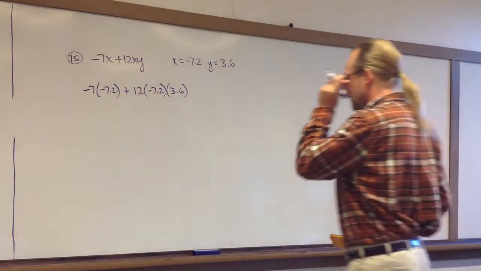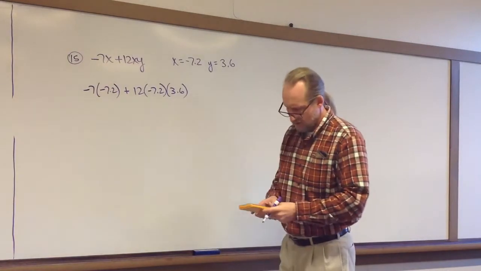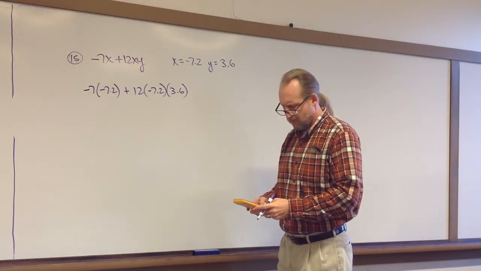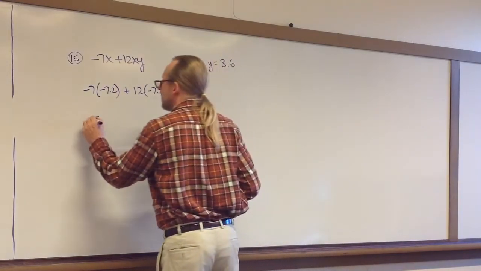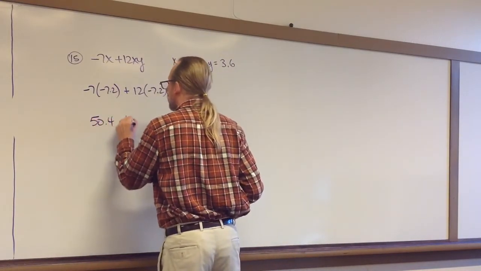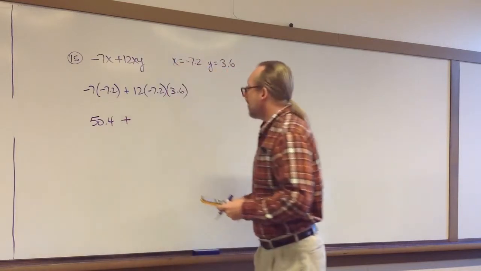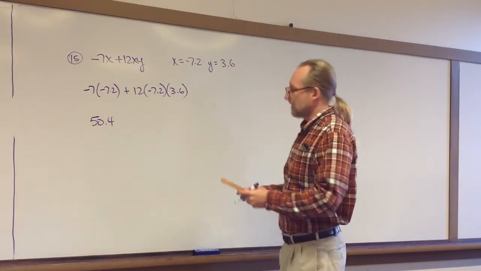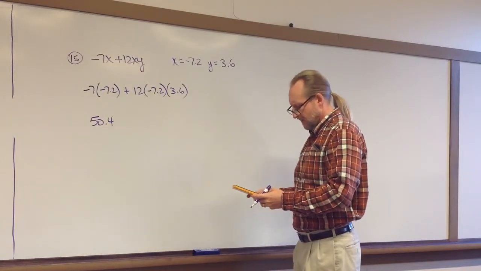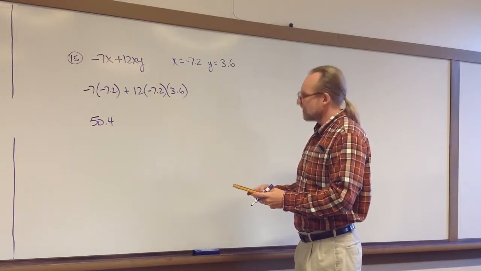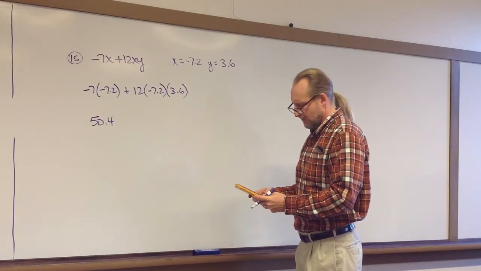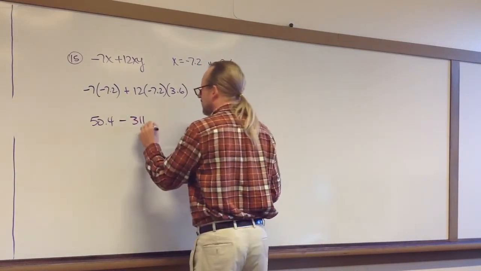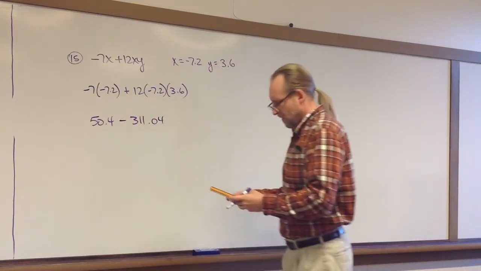Alrighty, well, let's multiply these two together. Negative 7 times negative 7.2 is positive 50.4. Let's see, I'll hold off on that sign until I multiply these, because if we do 12 times negative 7.2 times 3.6, we're going to get a negative 311.04.